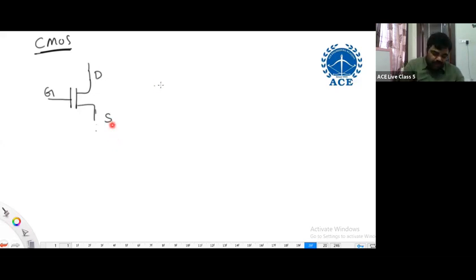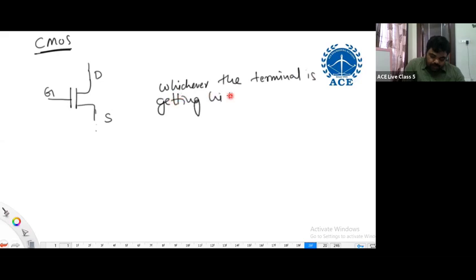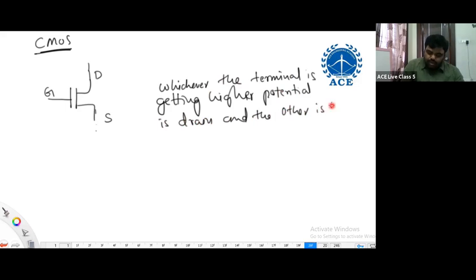In an N-channel MOSFET, whichever terminal is getting higher potential is the drain and the other is the source.